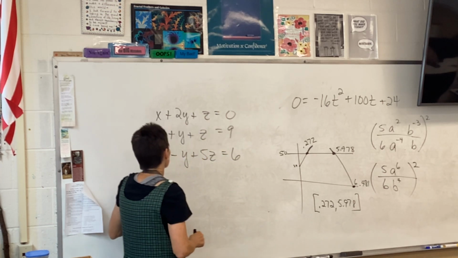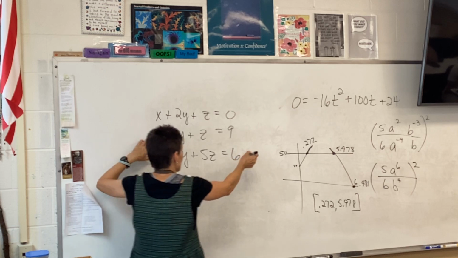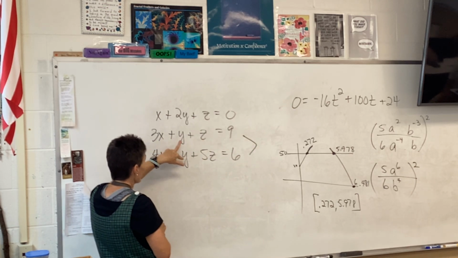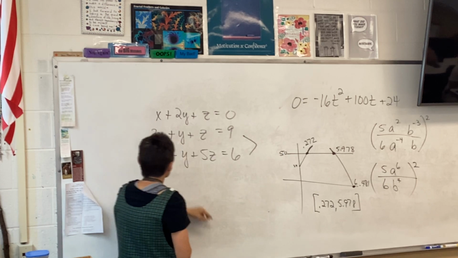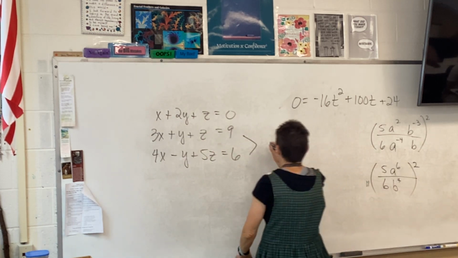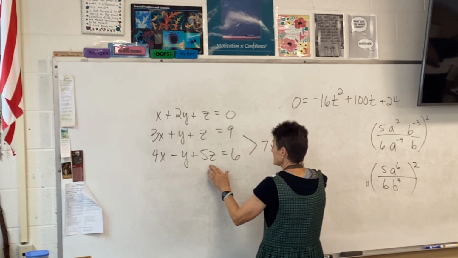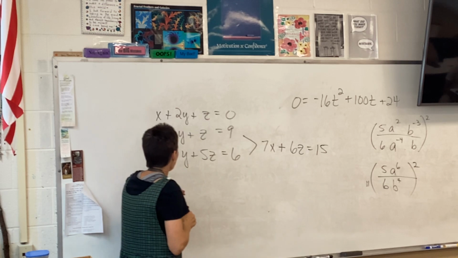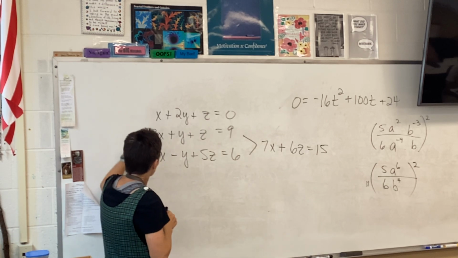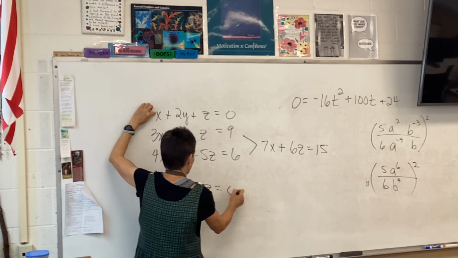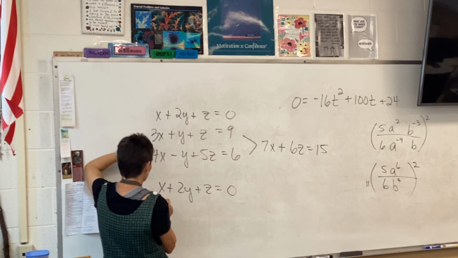Y. So if we're gonna eliminate y, I think I'm gonna start with these two equations, because if I choose to eliminate y, won't they eliminate? So that's gonna be 7x plus 6z equals 15. Now, what if I took my top equation and multiplied my bottom one by 2?